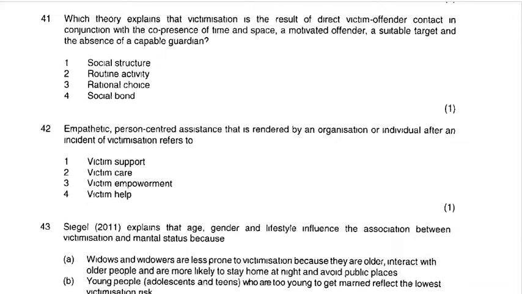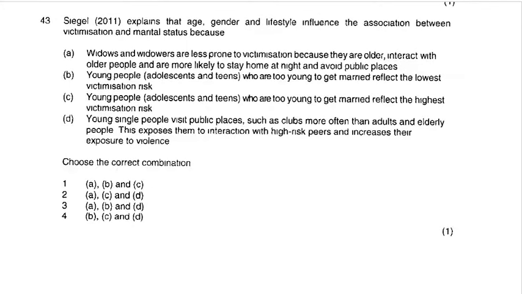43. Sigel explains that age, gender, and lifestyle influence the association between victimization and marital status because, the answer is 2, which is A, C, and D. A. Widows and widowers are less prone to victimization because they are older, interact with older people, and are more likely to stay home at night and avoid public places.